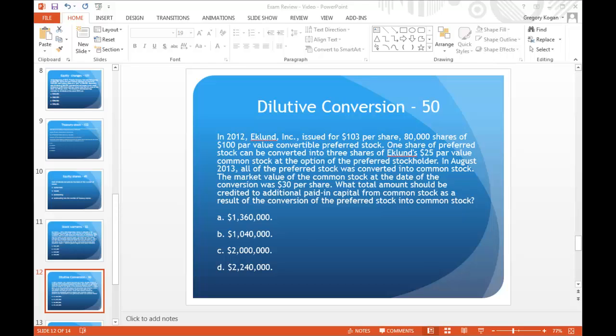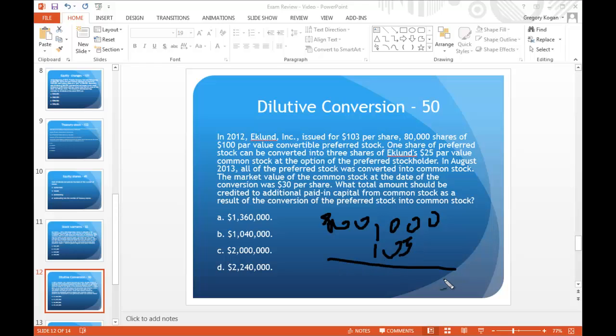So now we're continuing with another dilutive security question. I know this dilution must be your favorite by now. So what we have here is 80,000 shares of $100 par value preferred stock. So I see right away the total face value of the preferred is 8,000,000, and we're saying that was issued at 103.